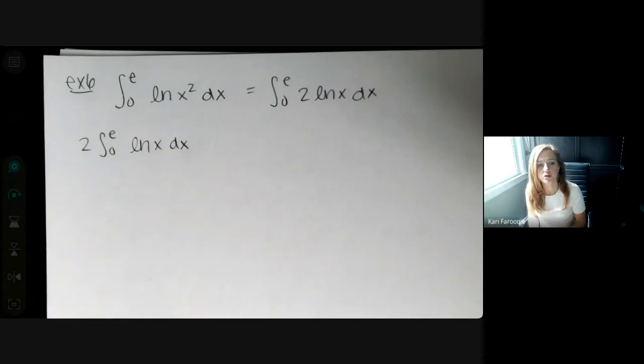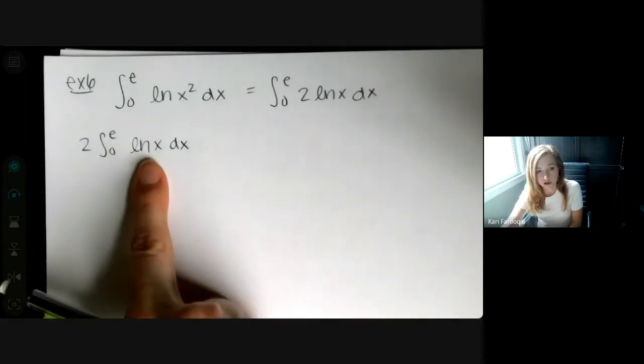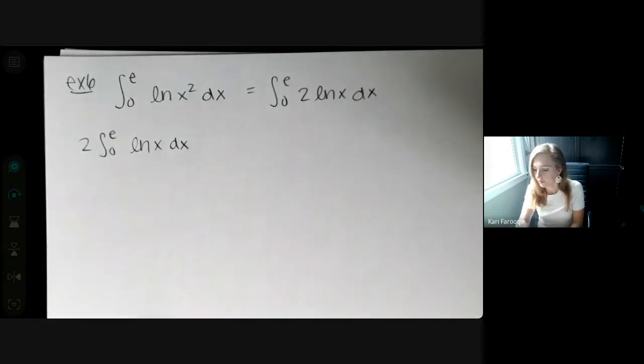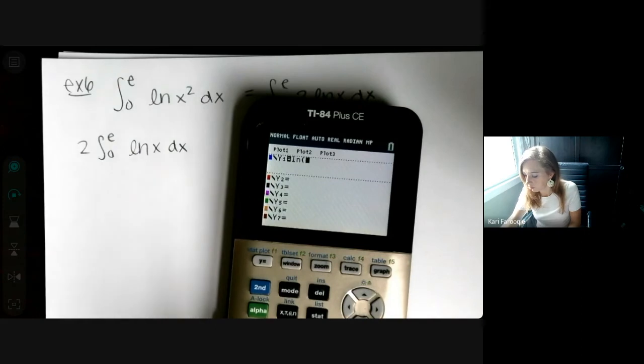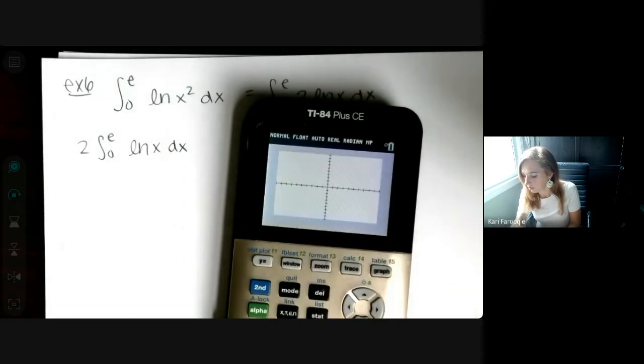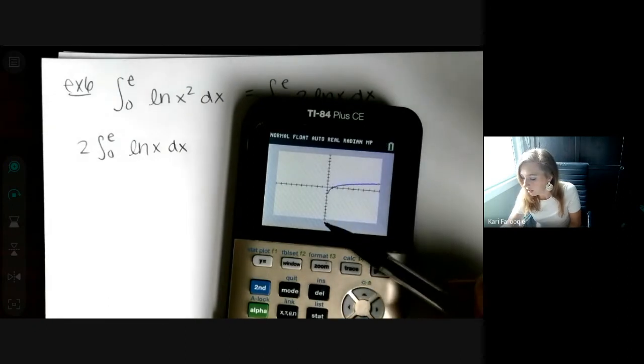Okay, so the natural log of x dx, and again, right now you're looking at it and it just looks like a Calc 1 integral. The problem is the natural log of x isn't defined at 0. If you are not sure, look at this on your calculator. Natural log x, we'll zoom standard just so you can get a sense for what's happening, but it actually has a vertical asymptote at 0.